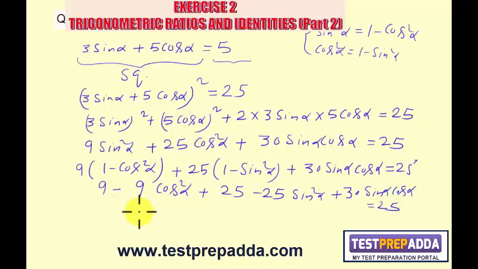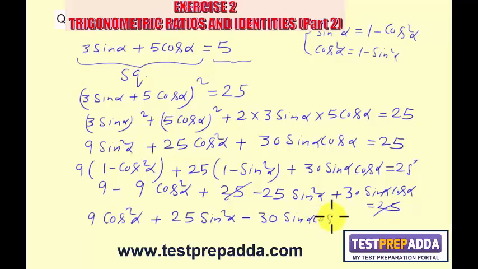Okay, now 25 will get cancelled and I can write this as 9 cos square alpha plus 25 sin square alpha minus 30 sin alpha cos alpha is equal to 9.